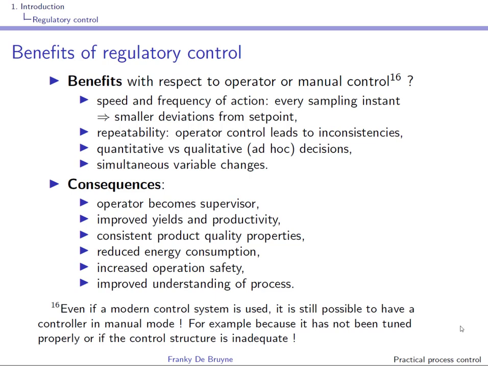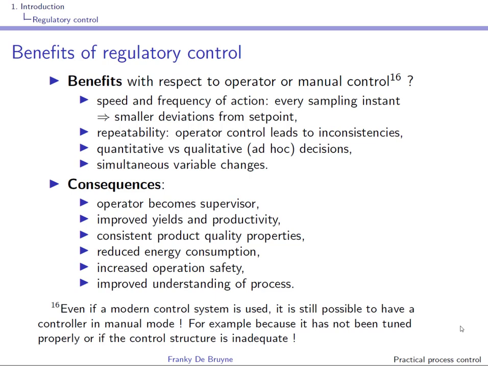You might wonder why we are comparing process control in automatic mode with process control in manual mode. Well, even in a modern control system, manual mode might be encountered often. Manual mode, except in certain situations such as production startup, is often indicative of a problematic situation.